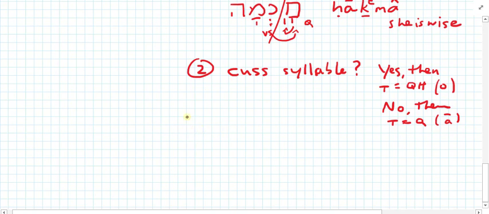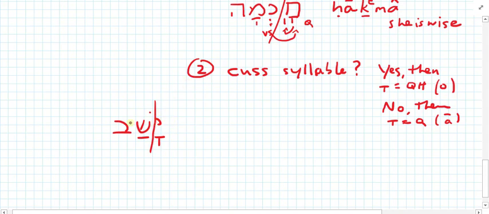It's the verb he sat or dwelled. Take a look at this verb. Now, we want to divide this into syllables. I've got a consonant leading a vowel, and then another consonant leading its own vowel. So these are separate syllables: Ya, shav, or yoshav. We'll have to figure out whether that's a qames or a qames-hatup.